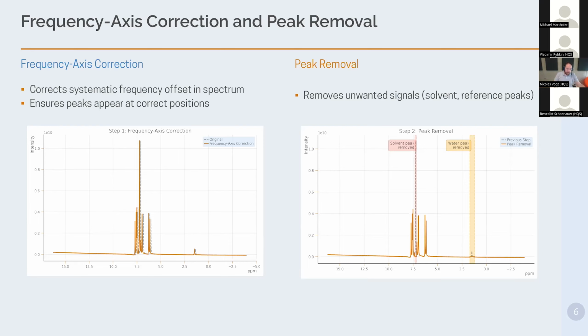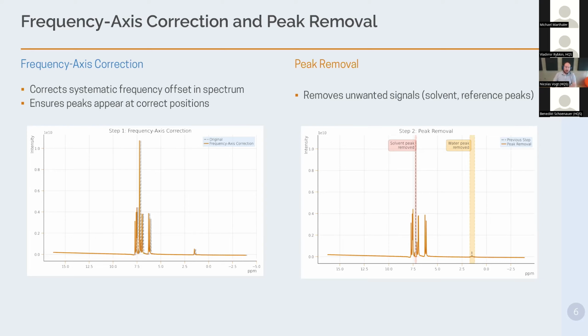You don't fit the frequencies correctly in the x-axis, and the way that you notice that is if you have reference peaks, so you have a reference material somewhere in the solution that you measured where you know exactly where the correct peak is, and if that doesn't match, you know, okay, there's a slight shift in the frequency axis and I know how much I need to correct it. So you just shift the whole spectrum a little bit.